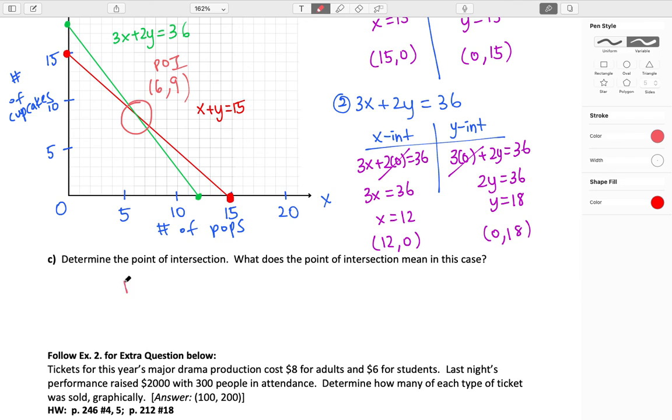So point of intersection is 6, 9. And what does it mean? That means that x is supposed to be number of pops. So there are 6 pops and 9 cupcakes in the order. And that's what it means.